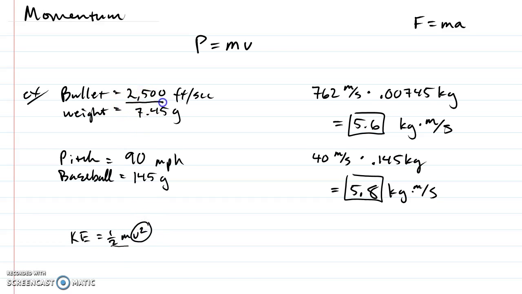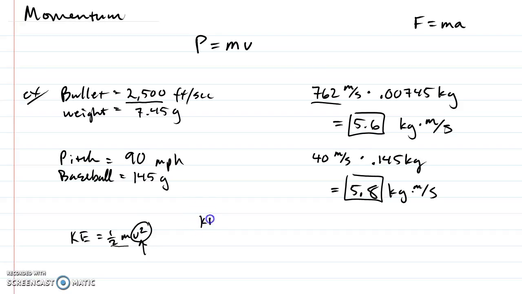The bullet is going like 15 times faster, which means it's going to have way more kinetic energy because you square the velocity. So let's find the kinetic energy of both of these so we can compare, because kinetic energy is what makes the bullet so much more vicious.